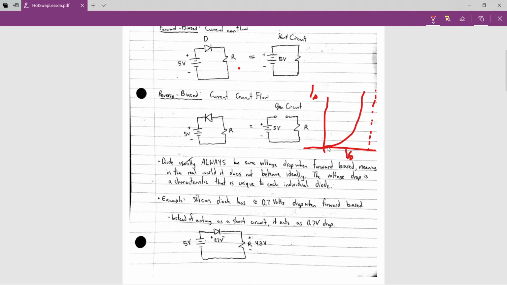Basically, as you apply more forward bias voltage across the diode, it will allow more and more current to conduct. But that diode will not allow itself to have a higher voltage than whatever that rating is. So if I tell you 0.7 volts, that means that diode, no matter what voltage you put across it, will never go higher than 0.7 volts. Once it reaches 0.7, it will stay at 0.7.